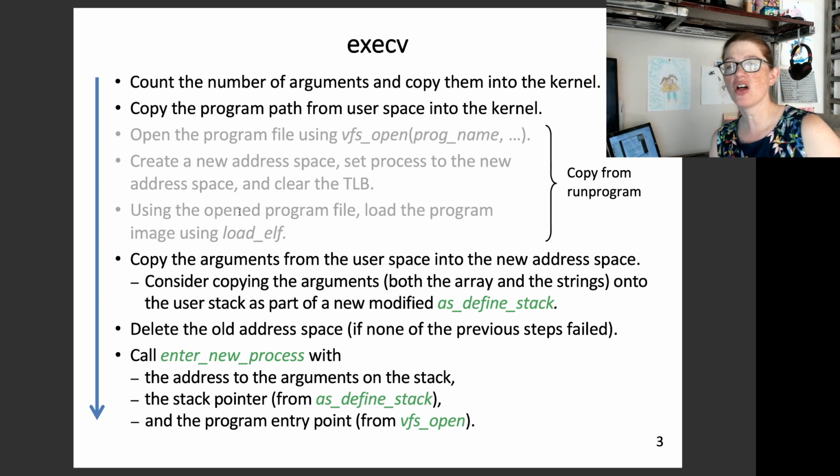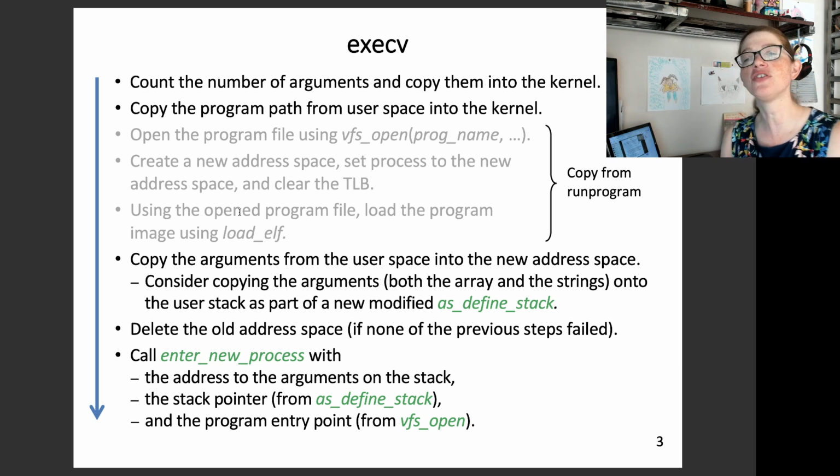But execv is called from the user. And so we need to get the name of the program and all of the arguments for our new program from the user address space that we're about to destroy into the kernel so that we can open the program and then pass those arguments up to the new address space.